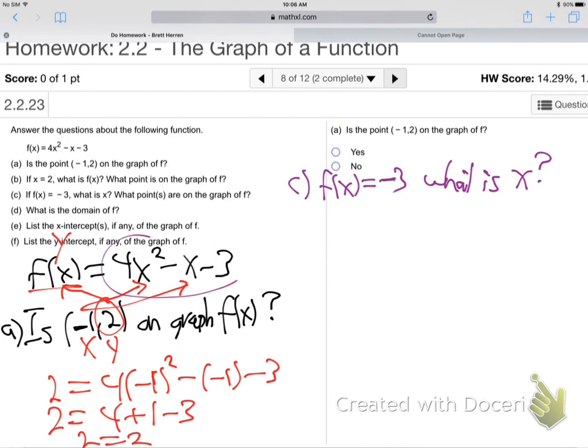So that means you take all of f of x and you set it equal to negative 3, right? All of f of x equals negative 3.